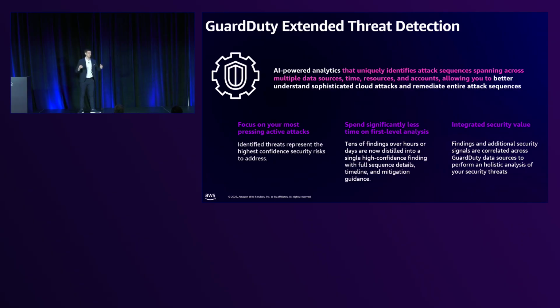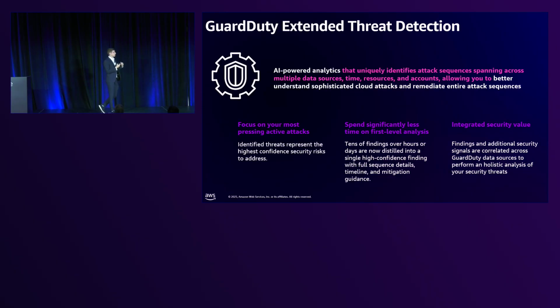So for the ones who already raised their hand and said they're using GuardDuty, you already have that enabled. And this capability automatically uses AI and ML technology to correlate different activity and put together the puzzle on what are the most pressing and highest confidence threats in your cloud environment.